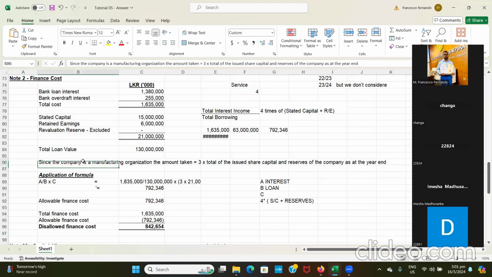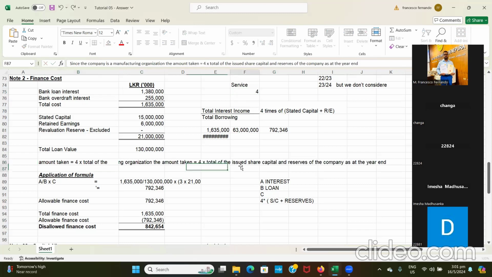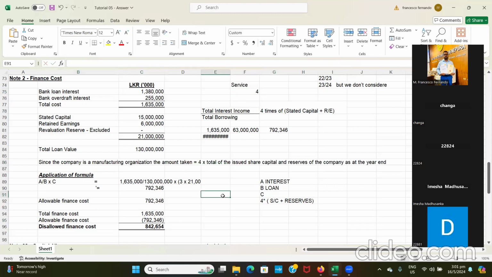So here, since it is a manufacturing organization, whatever the organization, it should be multiplied by 4 now, not 3. So please make that point. So how to deal with this sum? First, from the sum, take all the interest, bank loan interest and overdraft interest, and write that total.